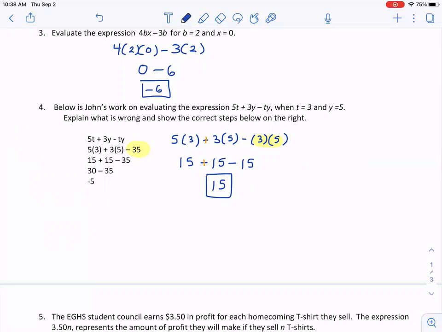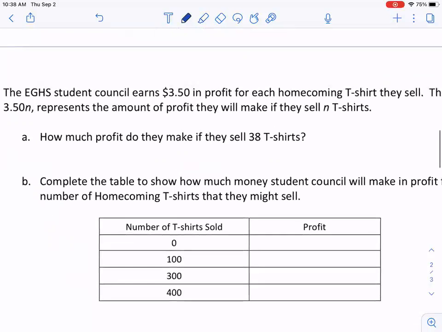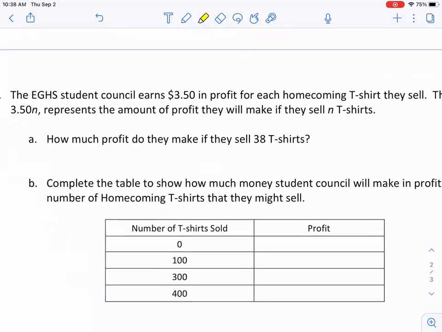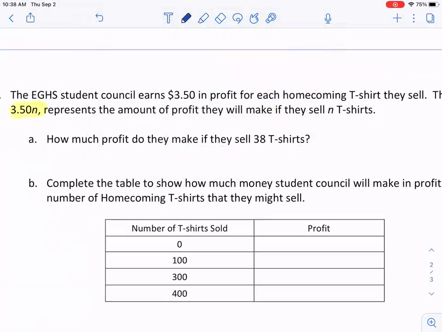All right, last but not least, we had problem 5. How much profit do they make for 38 shirts? Well, this is our equation. We make a profit of $3.50 per shirt. So I have to do 38 times 3.50.